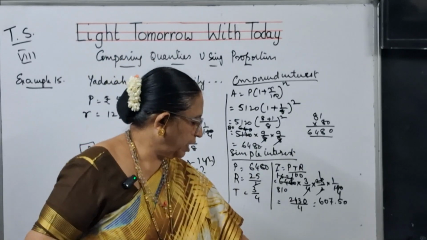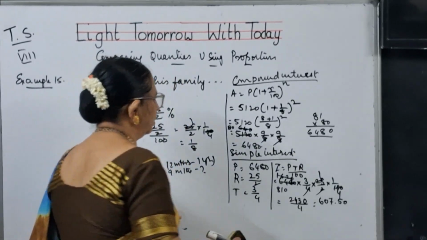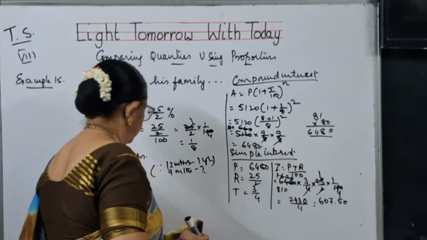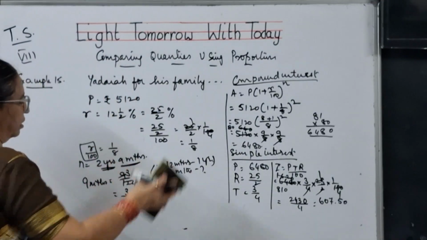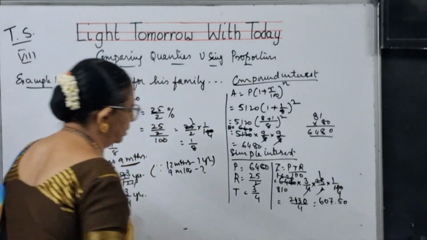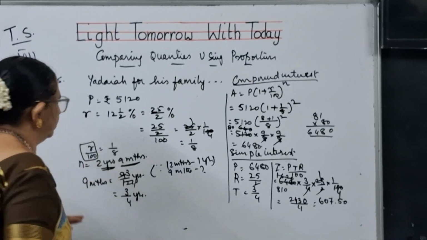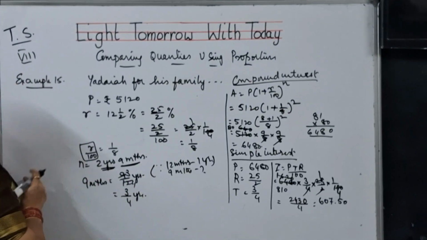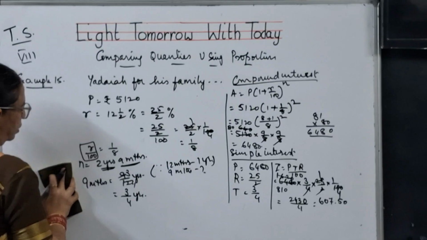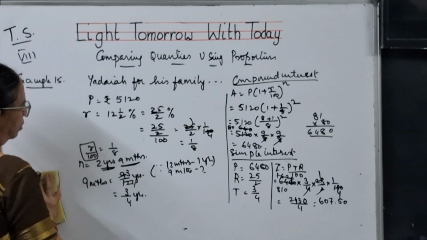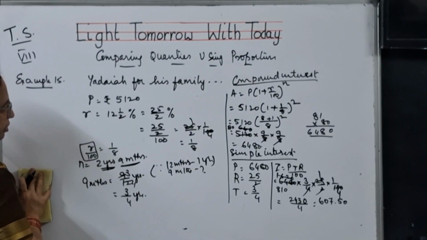So when you have got I, you need to find out interest. So if you please copy this, I'll be doing it here, children. There is no place. So let me, I hope you have copied this problem.